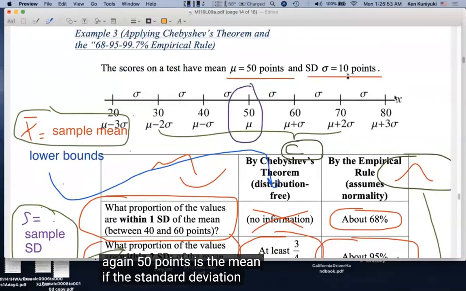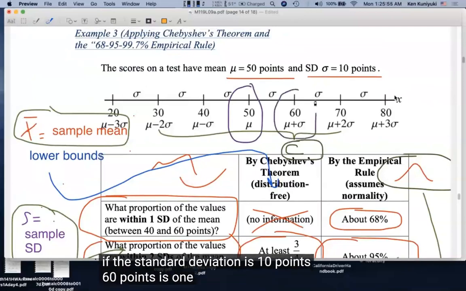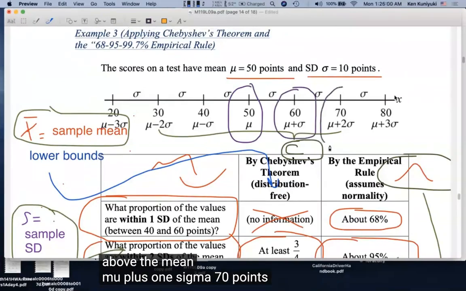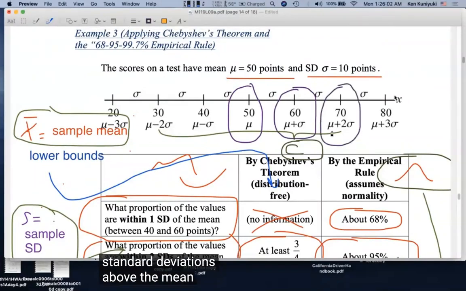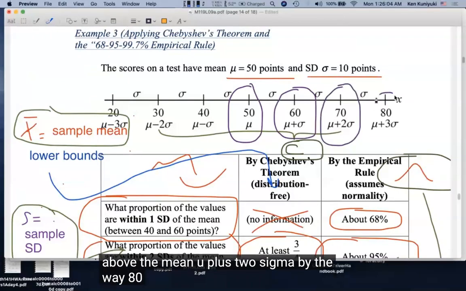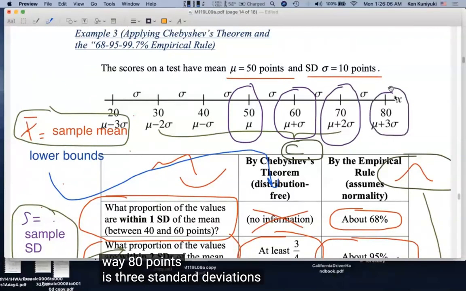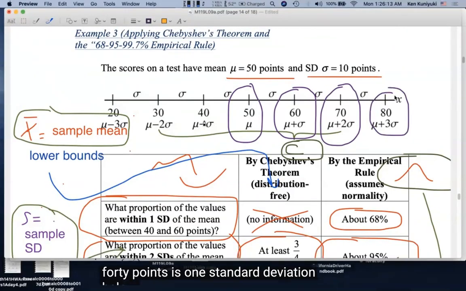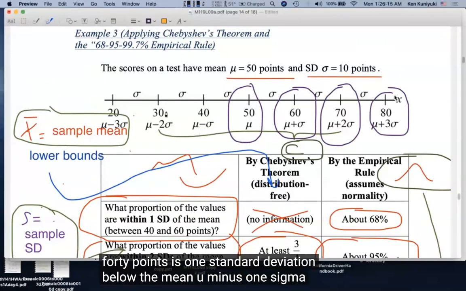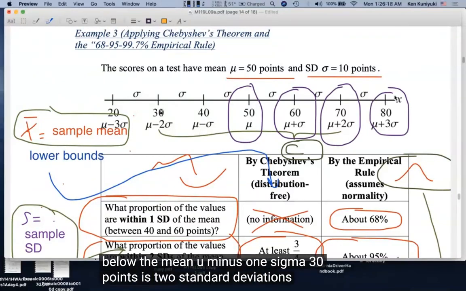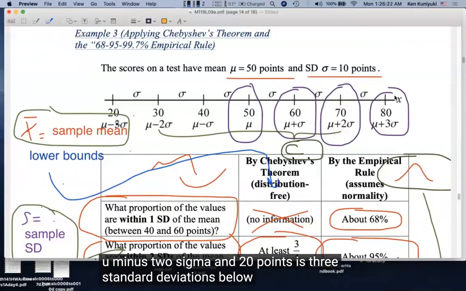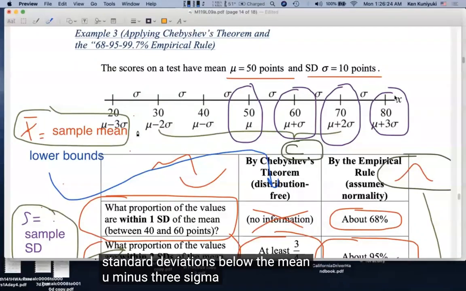If the standard deviation is 10 points, 60 points is 1 standard deviation above the mean, mu plus 1 sigma. 70 points is 2 standard deviations above the mean, mu plus 2 sigma. 80 points is 3 standard deviations above the mean, mu plus 3 sigma. 40 points is 1 standard deviation below the mean, mu minus 1 sigma. 30 points is 2 standard deviations below, mu minus 2 sigma. And 20 points is 3 standard deviations below, mu minus 3 sigma.